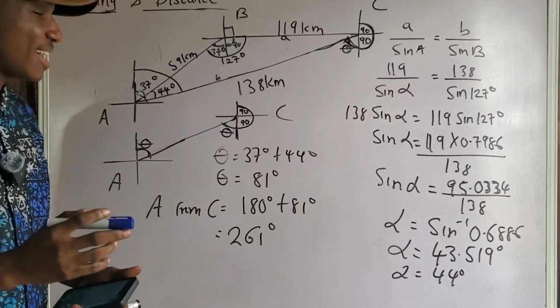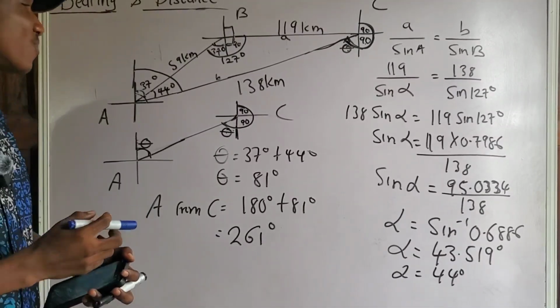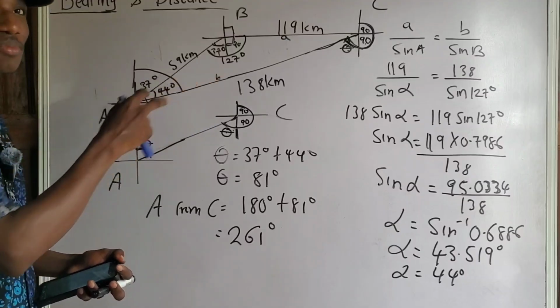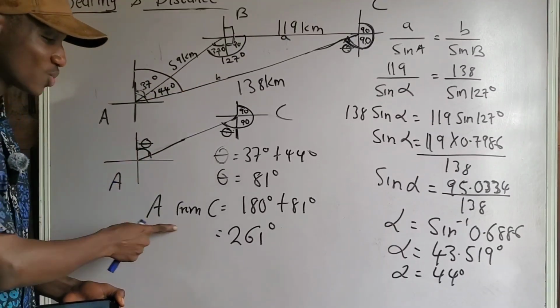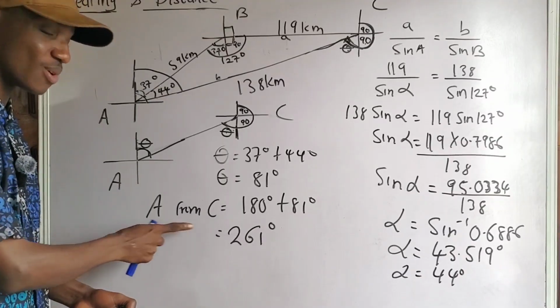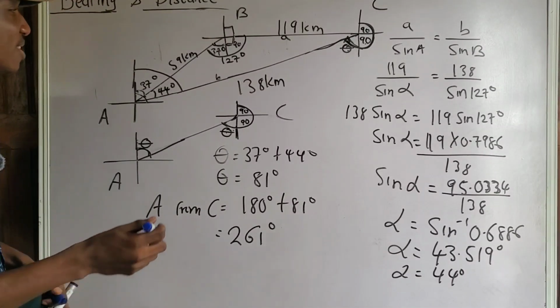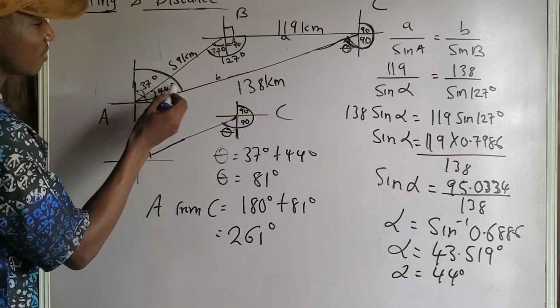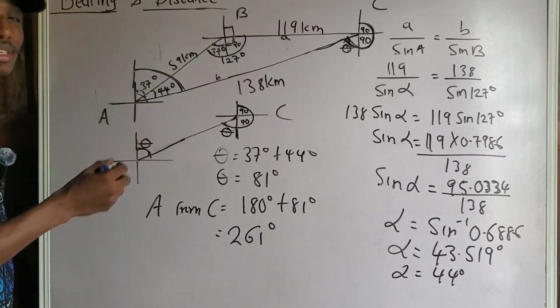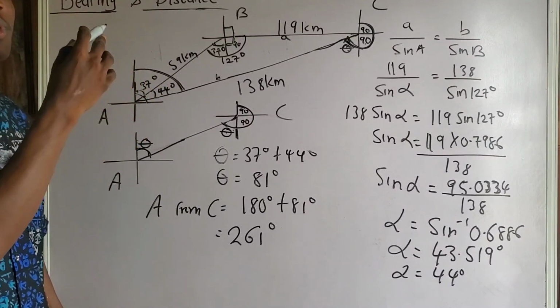Oh, sorry, I just checked the question now and I discovered that we are actually looking for the bearing of C from A. The value that I have here is the bearing of A from C. Now to get the bearing of C from A, the meaning is: in which direction is C from point A?